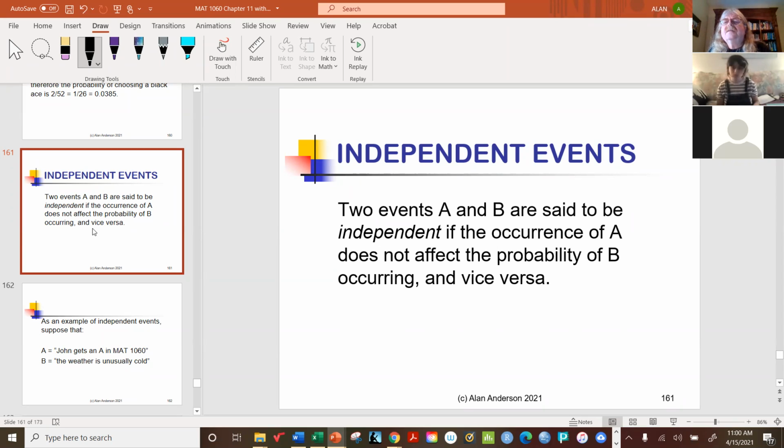It basically means that the 2 events do not depend on each other. So I'm going to show you a quick example of this in a second. So intuitively, you'll be able to get a sense of what it means for events to be independent. It essentially means that if one occurs, it does not affect the outcome of the other one. And if 2 events are independent, then we'll have a nice, simple version of the multiplication rule available to us.